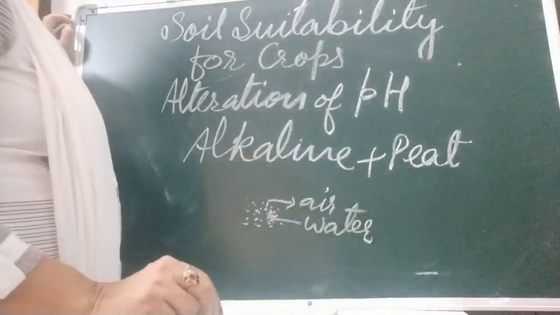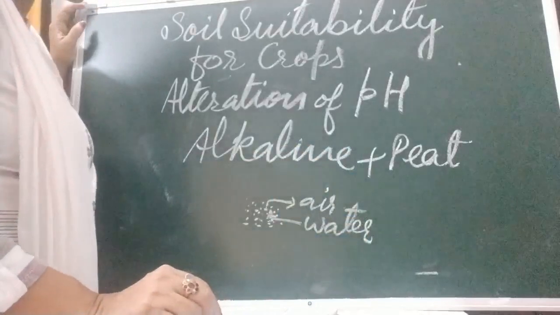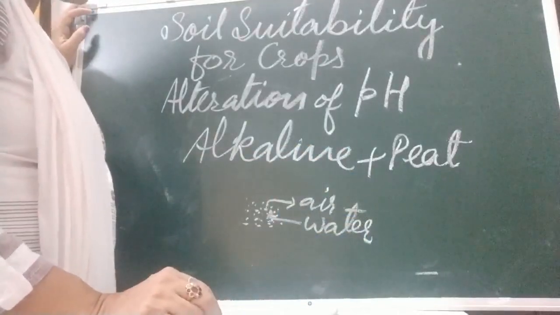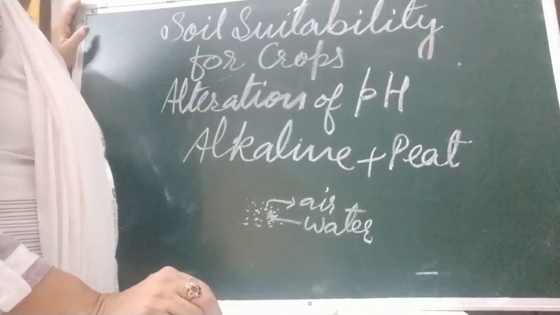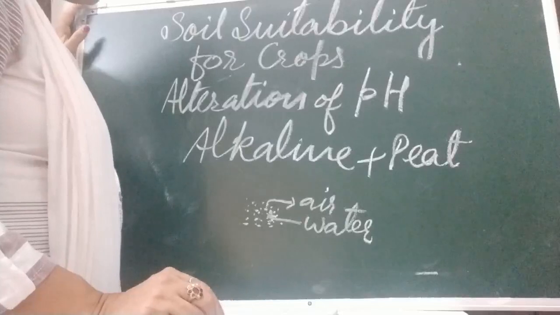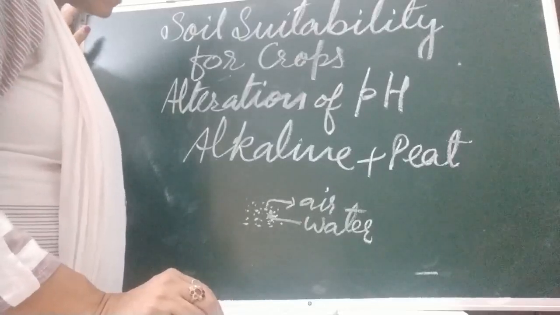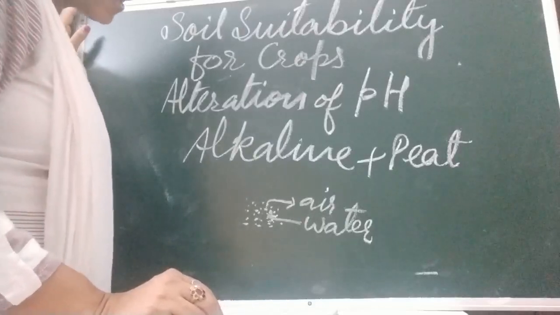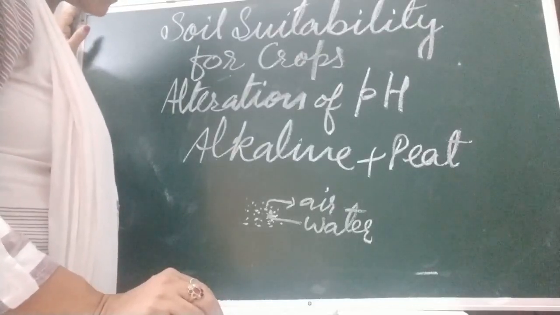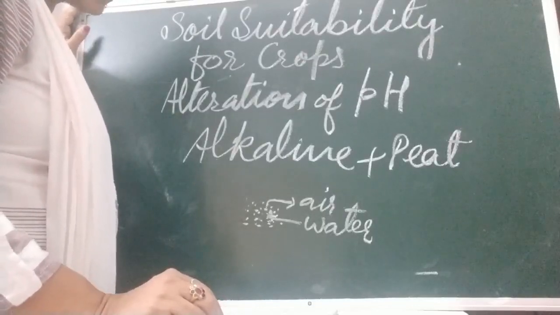Mangrove plants grow in such areas. So soil with low air content has high water content and so is heavy and difficult to work with. It can be improved by drainage of water from the soil.